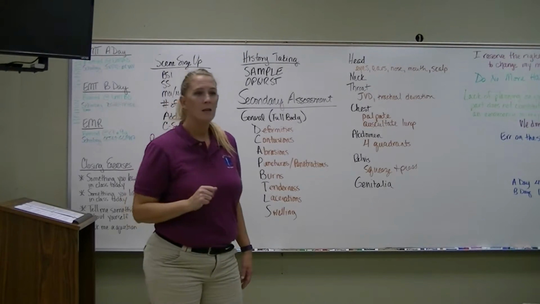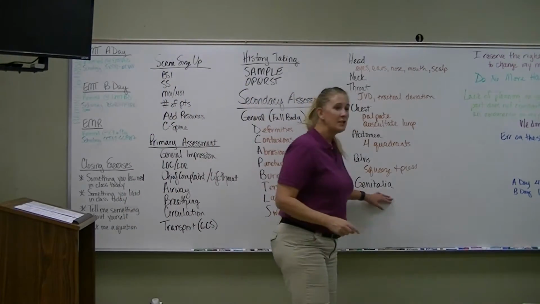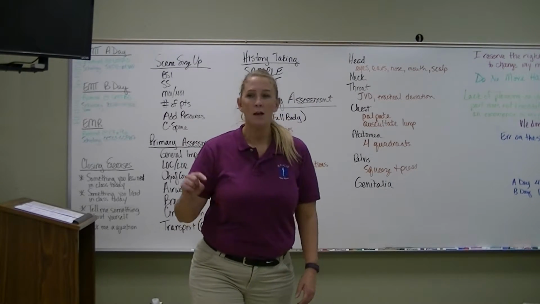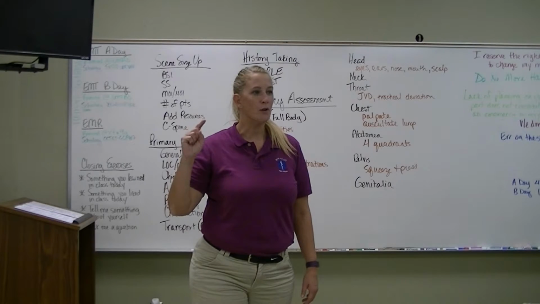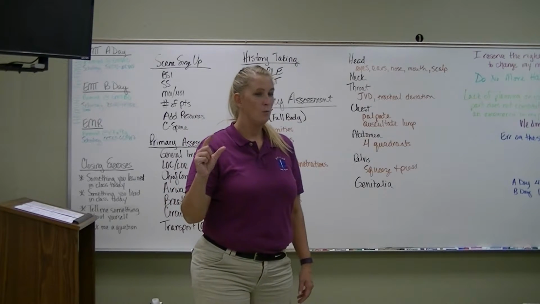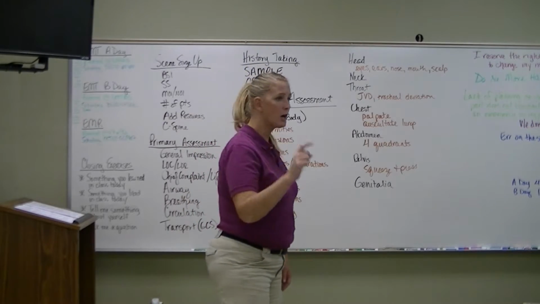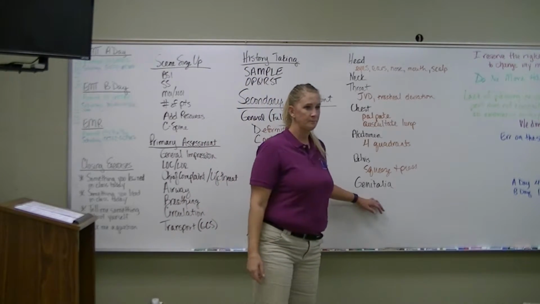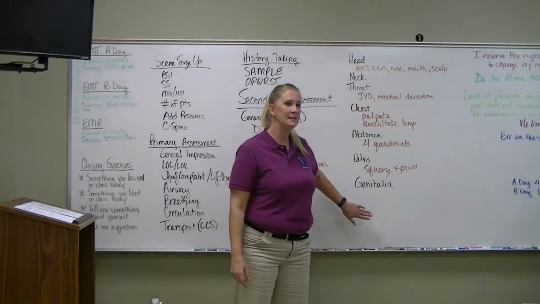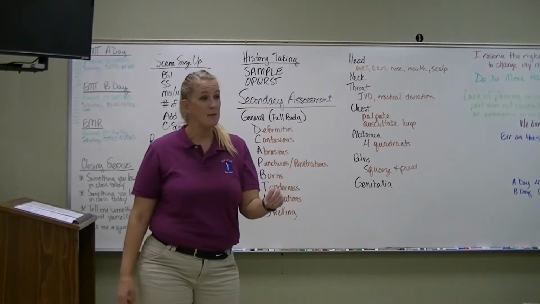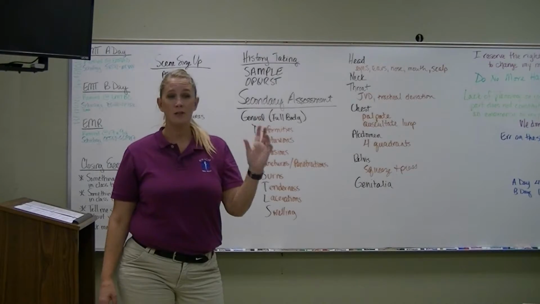So vasodilation of the lower half of the body as a result of spinal injury is also called neurogenic shock. We'll learn about types of shock later, so here's your first introduction. Neurogenic shock causes priapism. So we need to assess the genitalia to make sure that we're not dealing with priapism, because priapism is a pretty good indicator to us that there's something wrong with the spine.